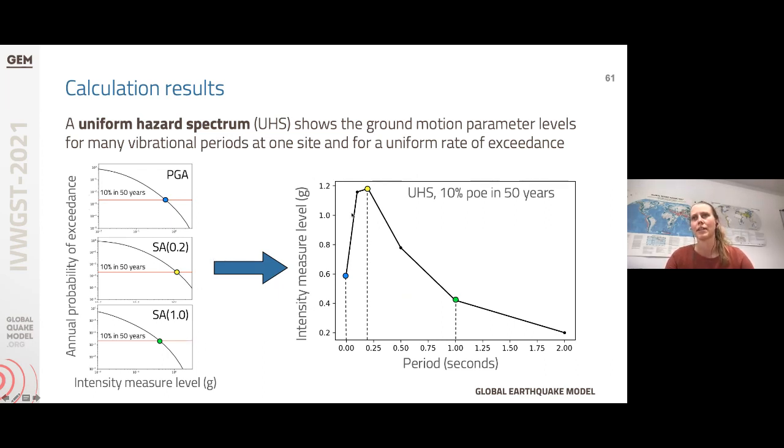These have been plotted together in order to form a uniform hazard spectra. These results are useful in cases when you're interested in the impact of the hazard on, for example, different building types with different natural vibrational periods.